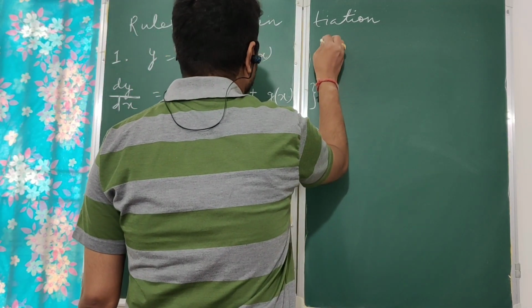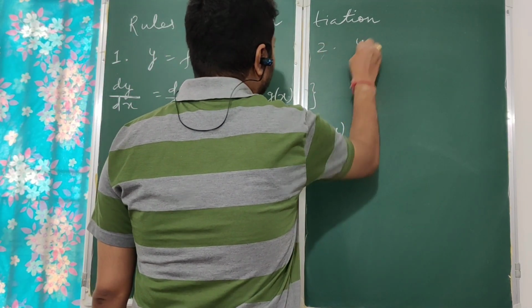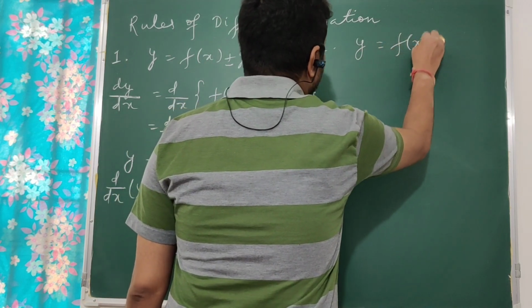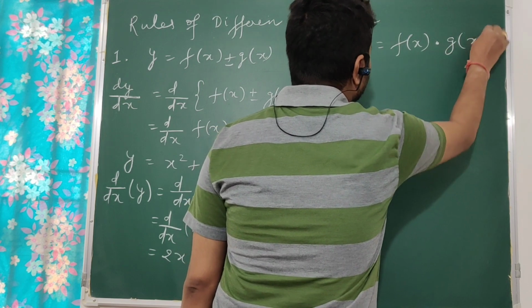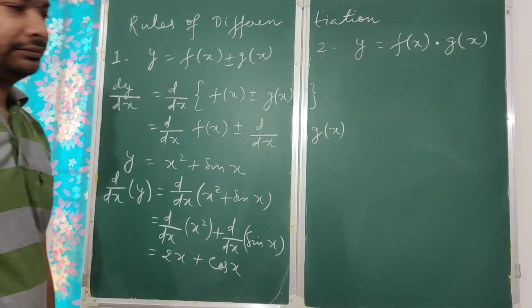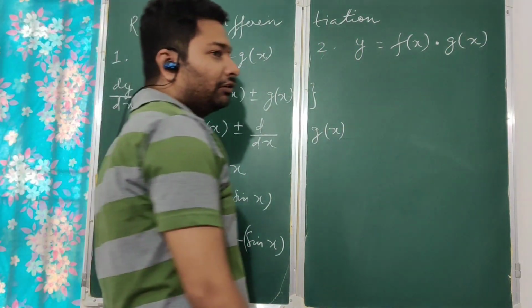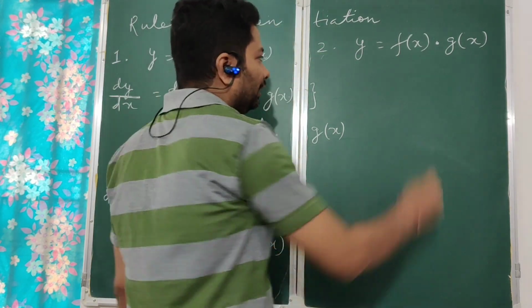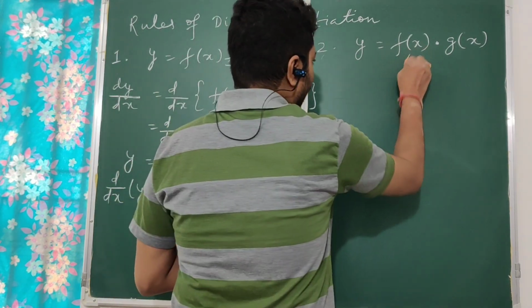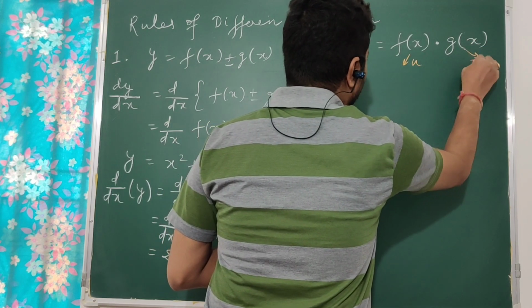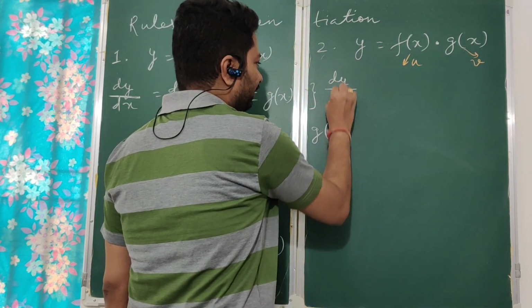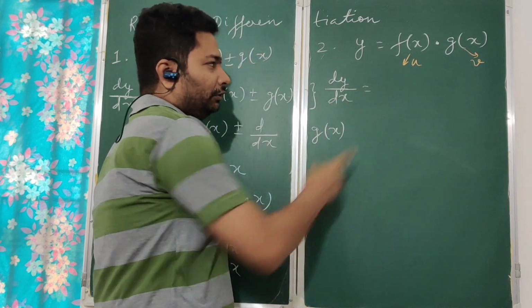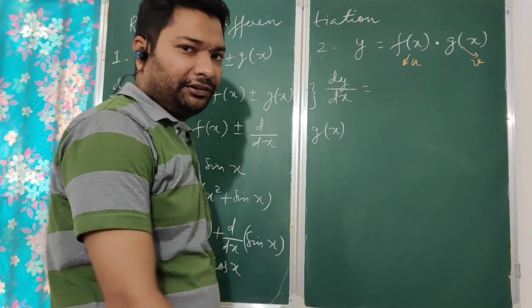Next, if a function is given as something like f(x) into g(x), correct? So how do we solve such kind of question? So what we do is we assume one of the functions as u and another function as v. So dy by dx, in such cases you define it as, you take any one function as the first function.